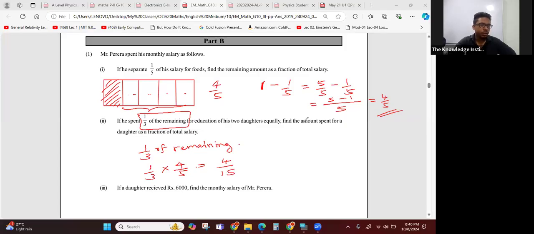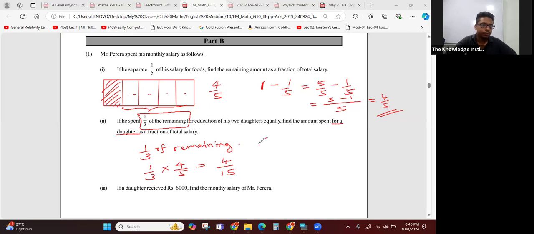So in this question, they ask for the amount spent for a daughter. So you want to find it for a daughter. This is actually the amount he allocated for both of his daughters. Therefore, for a daughter it will be half of this value, no?